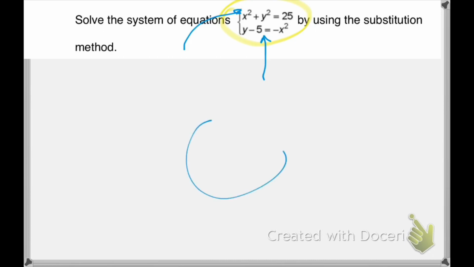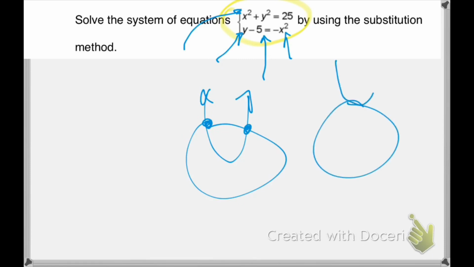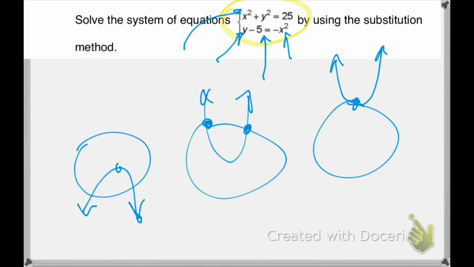So it'd be something like, this would be a vertical one, something kind of like that. I'm not sure, but it'd be something like that. So maybe we have two solutions, maybe we only have one solution, maybe it's upside down, like this. We're just going to be looking for these points of intersection, wherever they may be.